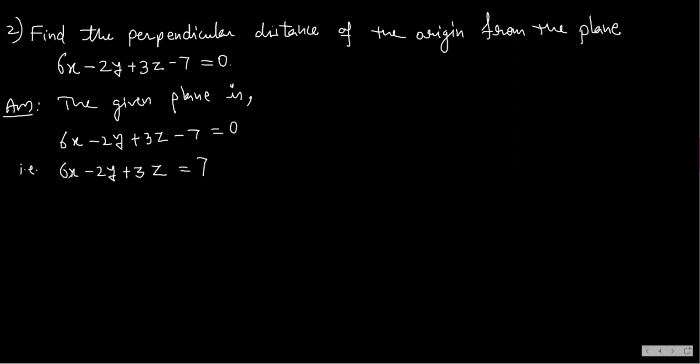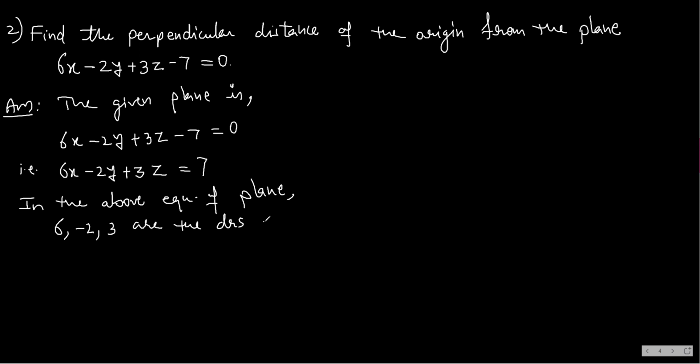I write here: in the above equation of plane, 6, negative 2, 3 are the DRs of the normal to the plane.